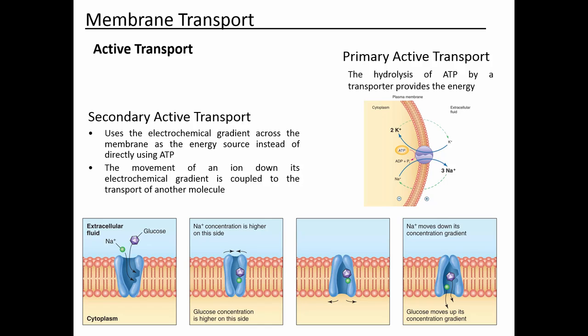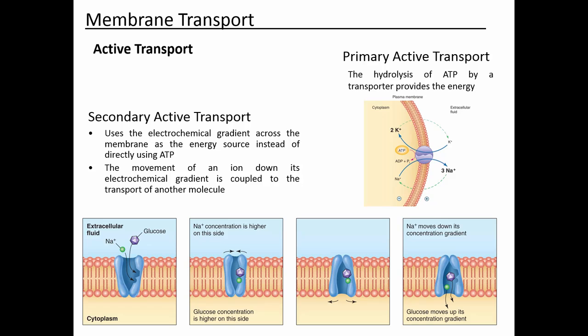And this transporter moves potassium into the cell, and it moves sodium out of the cell. So this is sodium, and this is potassium. The transporter moves both of those ions against their concentration gradient.